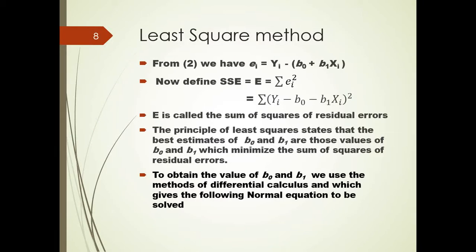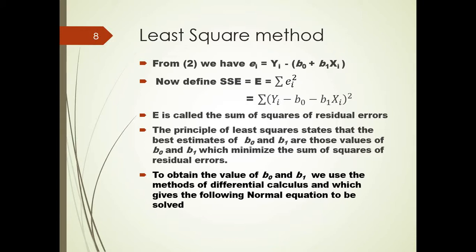Now what does the least squares method say? From the above equations, we can define e_i equal to y_i minus (b naught plus b1 x_i). Now define e equal to sigma e_i squared, equal to sigma of (y_i minus b naught minus b1 x_i) whole squared, and this e is called the sum of squares of residual errors, or sum of squares of error, also called sum of squares of residues.